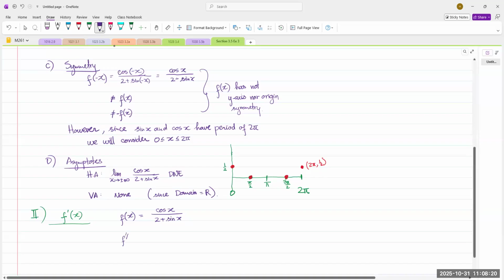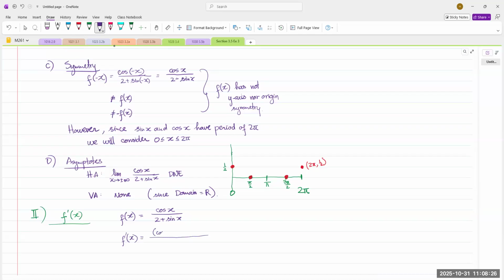So f prime x is equal to the derivative of the numerator, let me write it this way for now, times the denominator, minus the numerator, times the derivative of the denominator, over the square of the denominator.